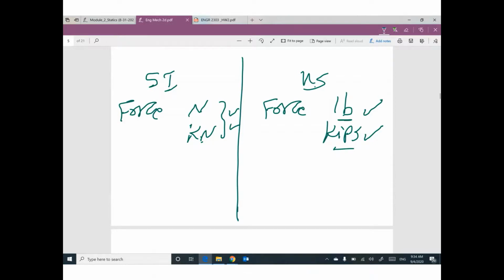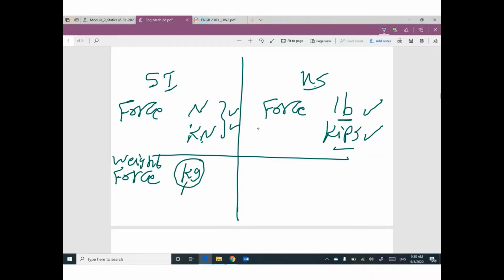The only issue is in one condition: if the force or weight is given in kilogram. If you see kilogram in any problem, you have to multiply it by 9.81 to convert it to Newton. Anything else, you don't need to convert anything.